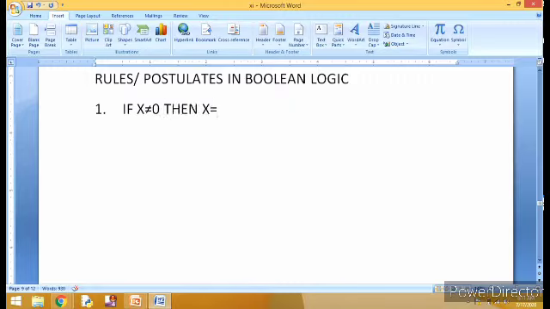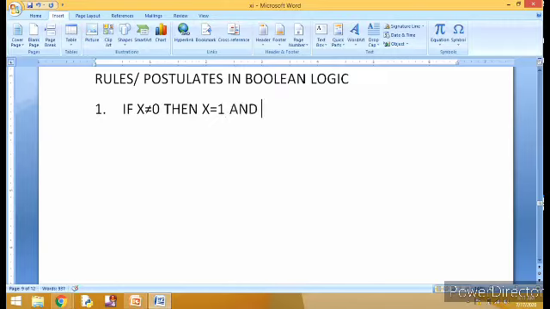In our Boolean logic, we used to work with only 0 and 1. So if x is not equal to 0, then x is equal to 1.